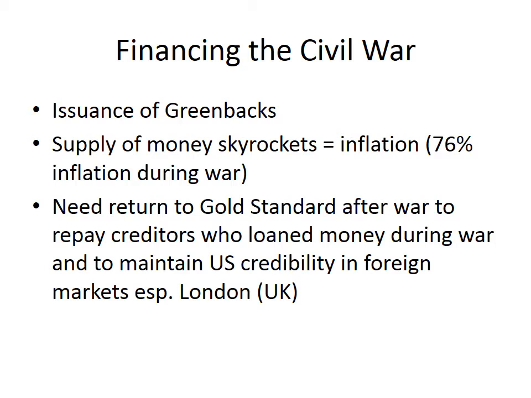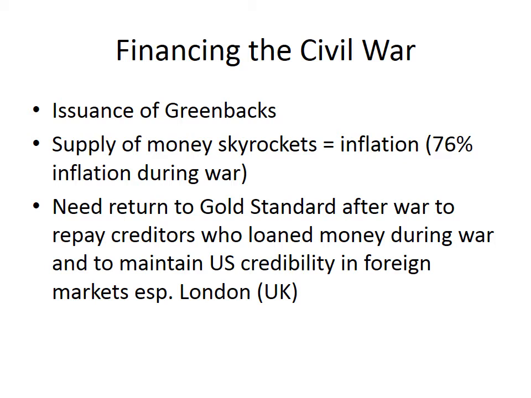Now here's a problem, because during the war, the North massively increased the supply of money. The Southern economy we won't even get into. We talked about it a little bit during Reconstruction. It was just a complete mess. Now that we're going to go back on the gold standard, that's going to create problems, because you're going to have a massive surplus of paper currency relative to your supply of gold.